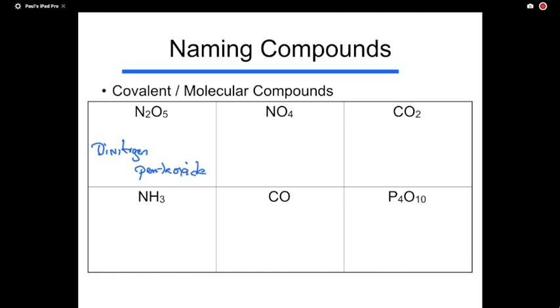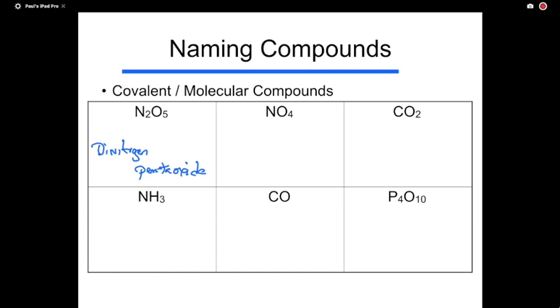So dinitrogen pentaoxide. I have a nitrogen, 2 of them, and I have an oxide and penta, which doesn't look like penta now that I read it. 5 of them. That just directly tells you what's there.